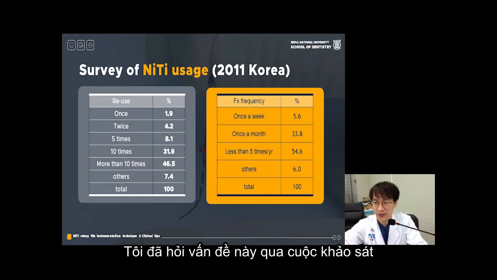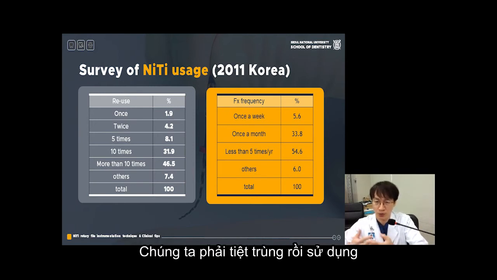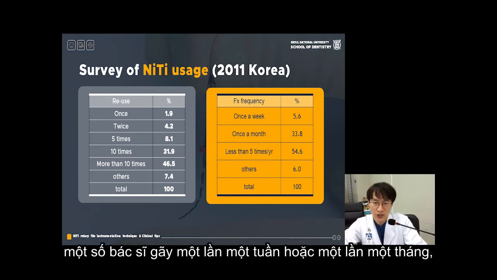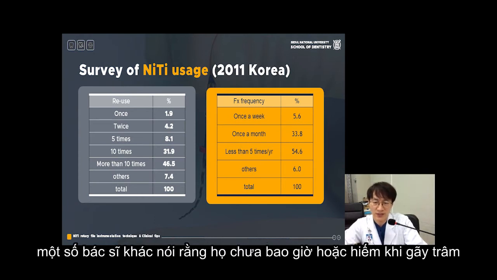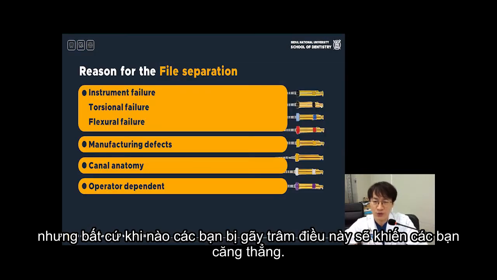Through the survey I asked, there are several times they reuse it because of the cost of the file. We have to sterilize it and use it, but at the same time it has the disadvantage that you're going to have fracture. Certain doctors have a fracture once a week or once a month, while other doctors say never or rarely. But at any time you're going to have a fractured file, that will give you stress.